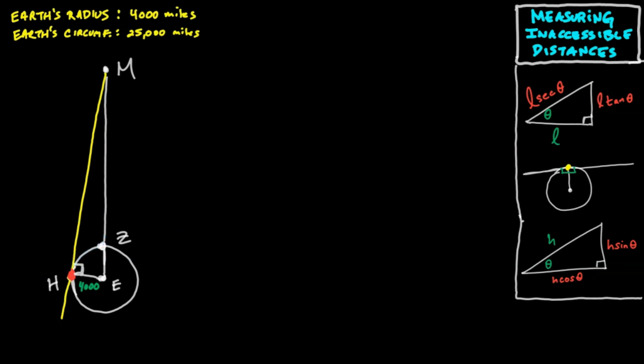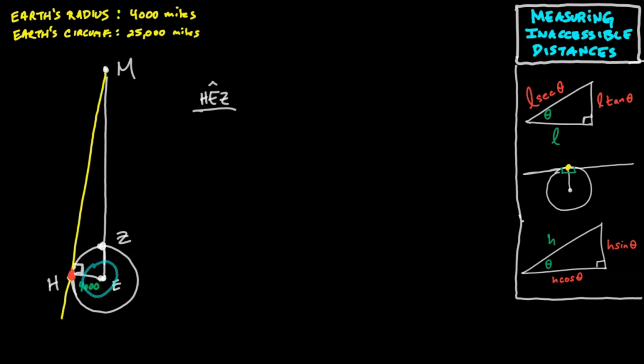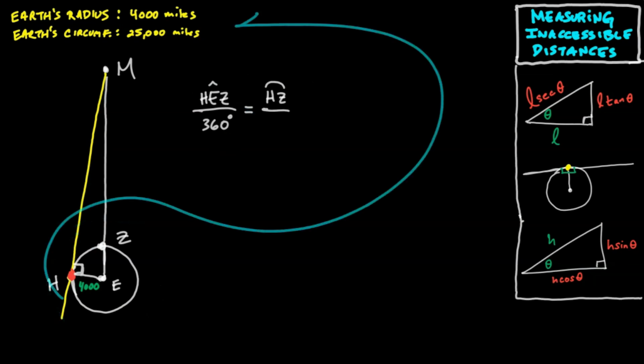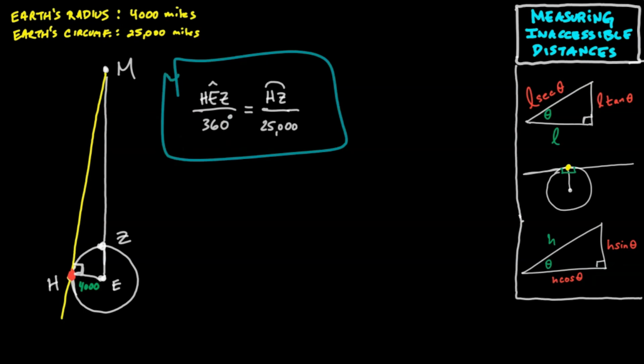We could say that angle HEZ, the thing we're looking for, is to a full rotation, that is 360 degrees, as this arc length, arc HZ, is to the full circumference of the Earth. But we know what that is. That's about 25,000.